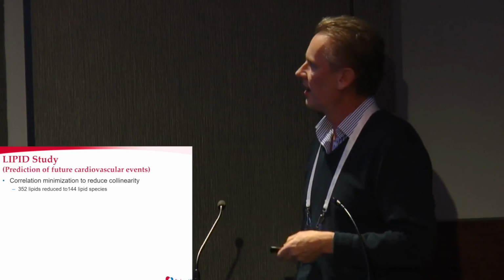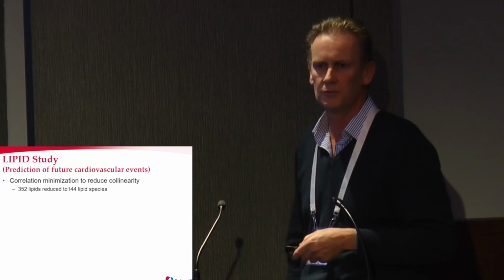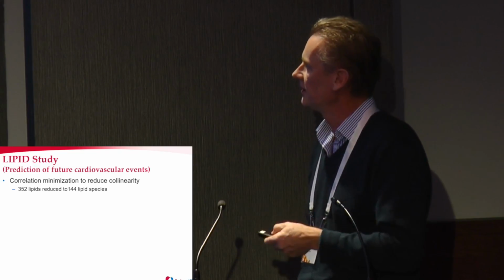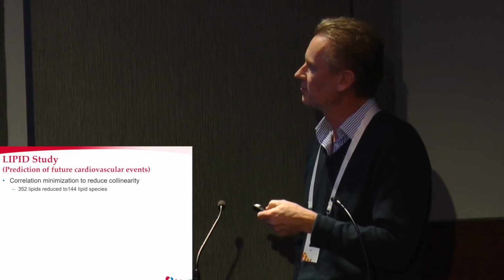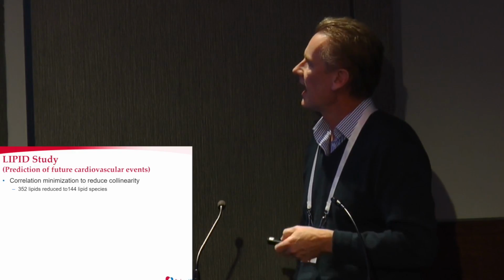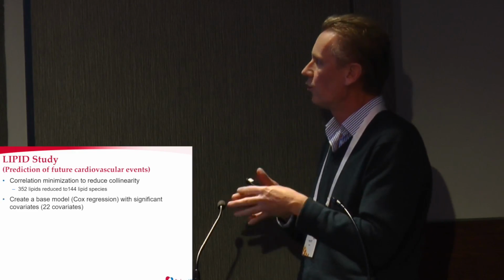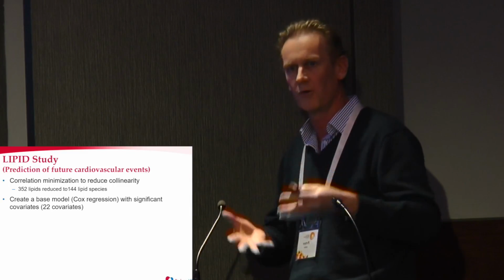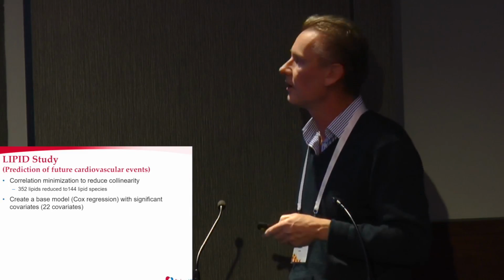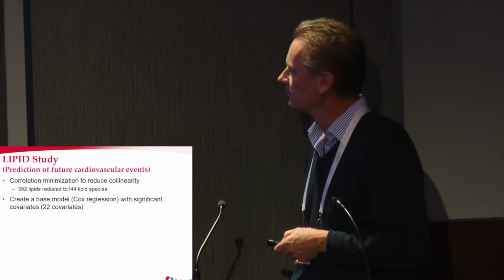So we go through a fairly convoluted process of firstly minimizing the number of lipids based on their correlation. We create base models with all of our covariates because we want lipids that are improving on all of the traditional risk factors.